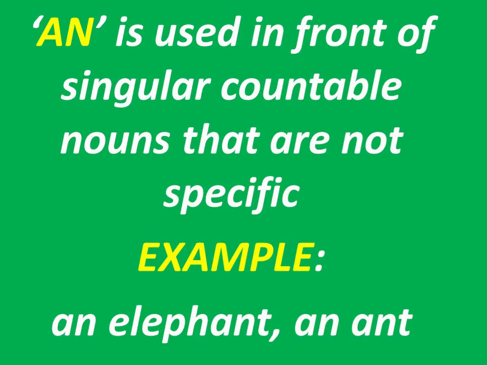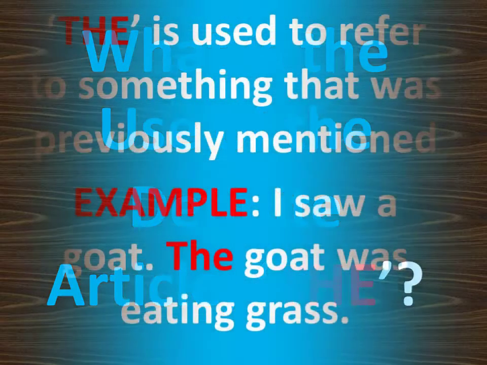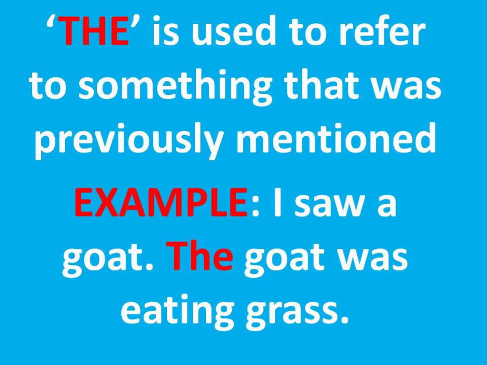Now, how about the definite article THE? You recall that almost in everyday expression you use THE. What is the use of it? Let's find out. The is used to refer to something that was previously mentioned.